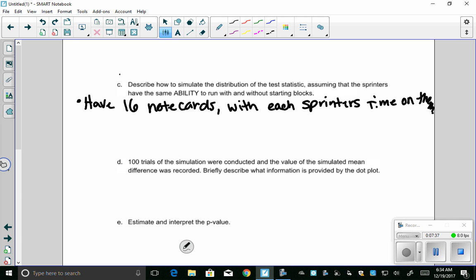Okay. Shuffle each sprinter's cards with their 2 times together.